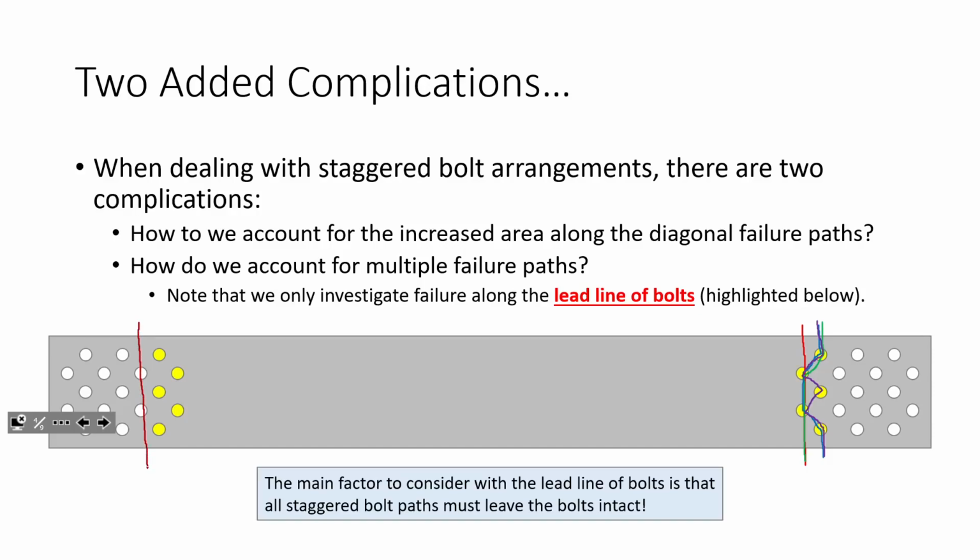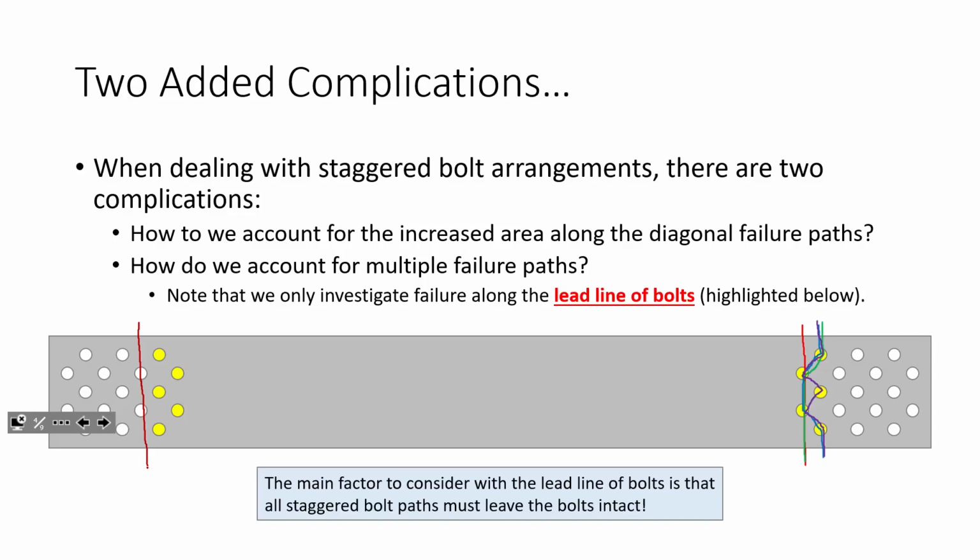Okay? So I'm grabbing the member, I'm yanking it, and the plate fractures right here. The only way to separate this member from the connection is if these 5 bolts also shear in half. Does that make sense? Everybody okay with that? So I propose that these bolts constitute the bolts that are on the lead line.